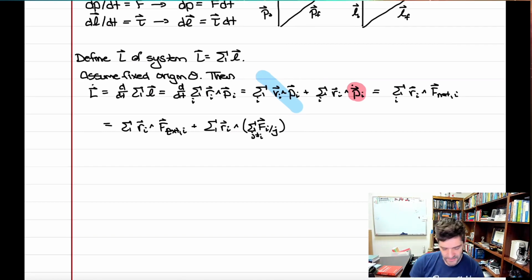So we got the net external force. I'm dropping net just so my subscript isn't too big. That's the first big sum term. The second term is a nested sum of all the interactions going on with inter-system forces.